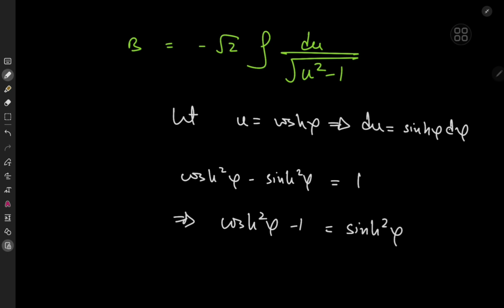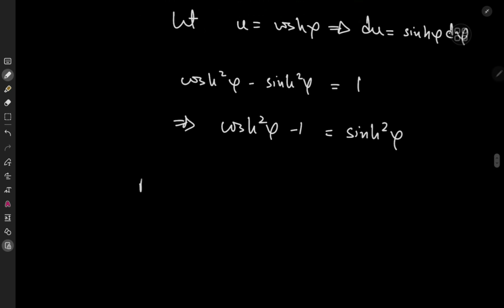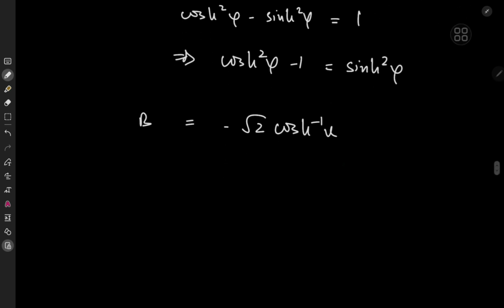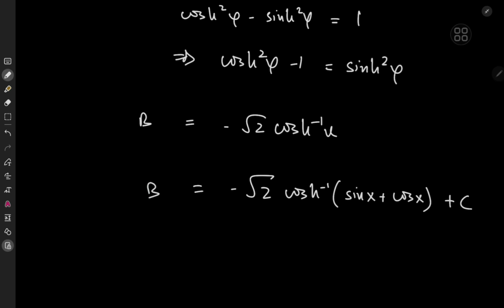So looking at this whole structure, yep, B is negative root 2 times phi after all the substitution and integration stuff. And phi is the inverse cosh of u. And u was defined as sine x plus cosine x. So that's what the integral B evaluates to. And of course, we have the constant of integration here as well.